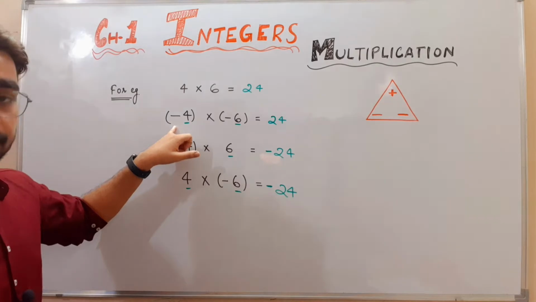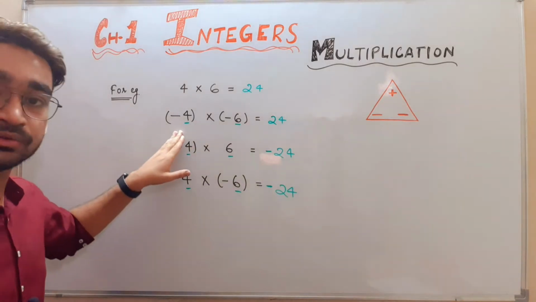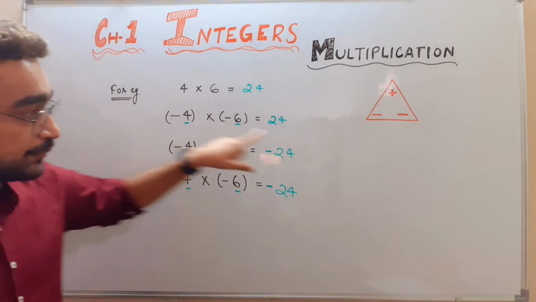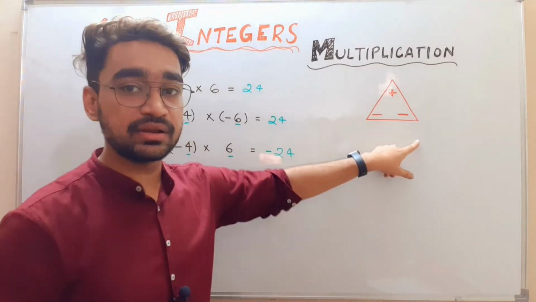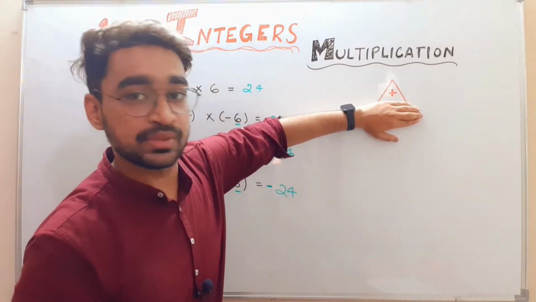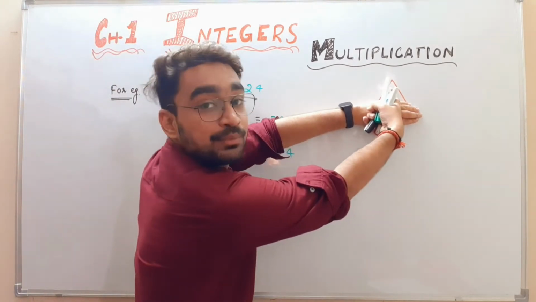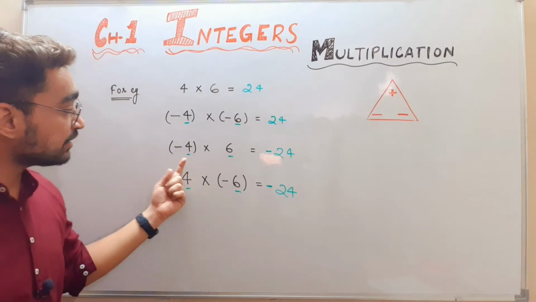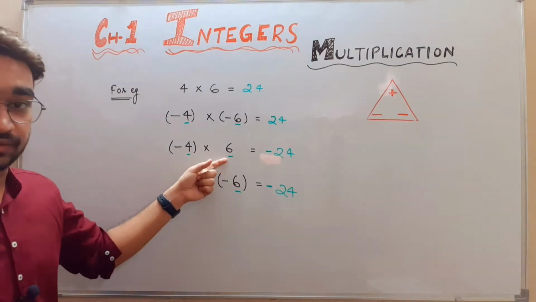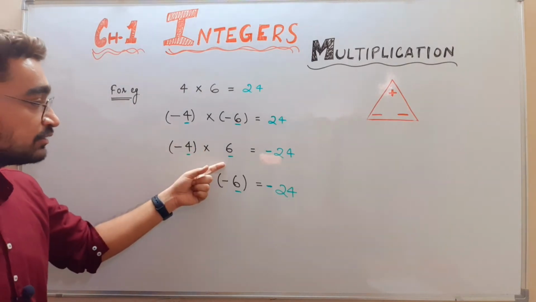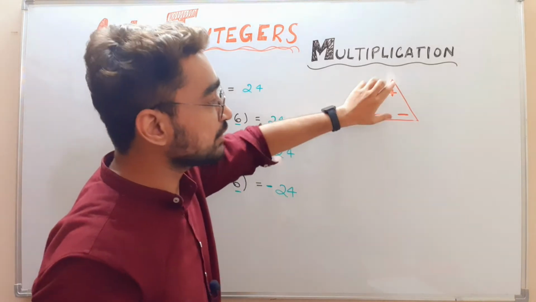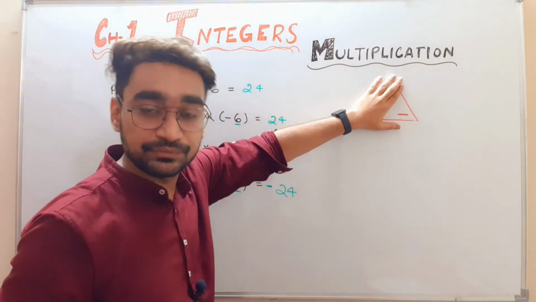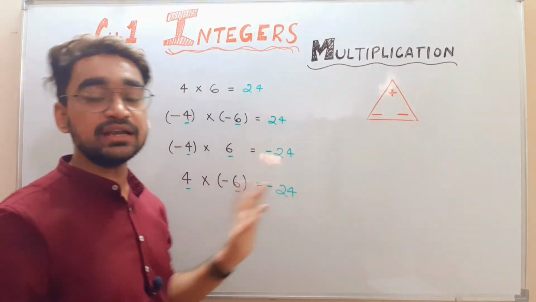Second case: both numbers are negative. First number is negative, second number is negative, hide them. The result will be positive. If one number is negative and the other is positive, hide them, the result will be negative, right? So like that we have to use it.